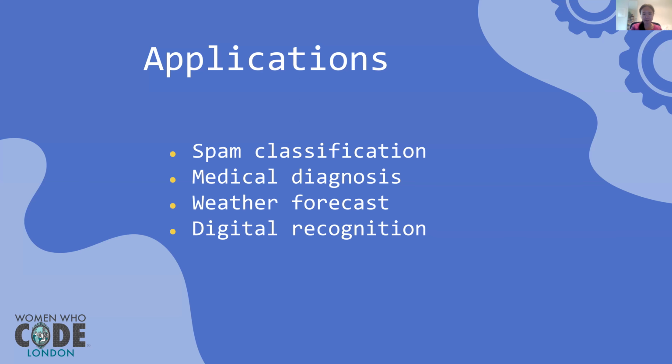The same goes for medical diagnosis, like the example we made earlier: this person has chest pain. My features would be yes or no chest pain, yes or no back pain, and the result is yes or no, this person has heart disease. Or something like weather forecast.